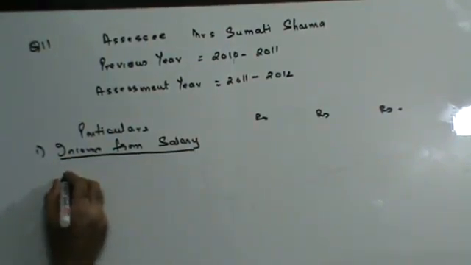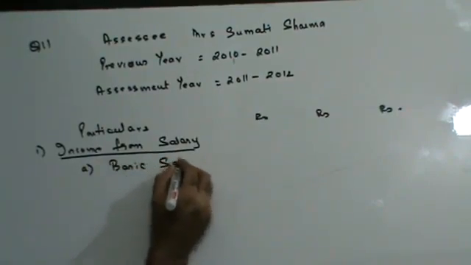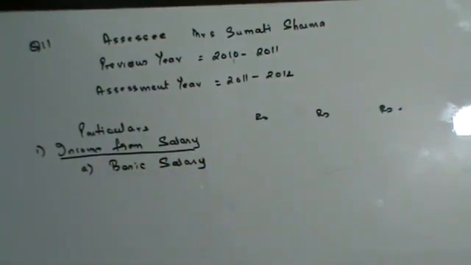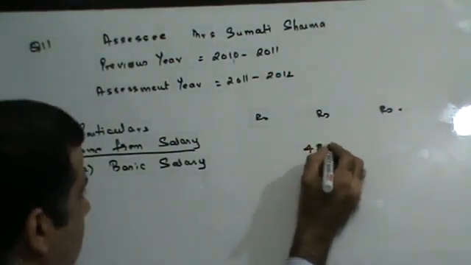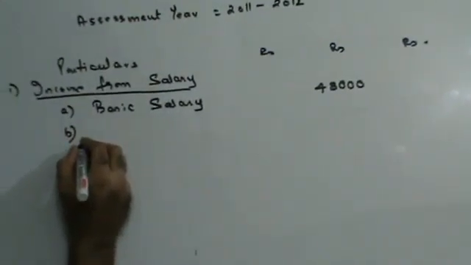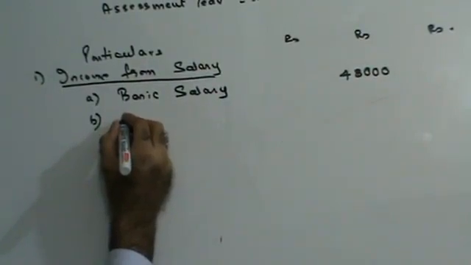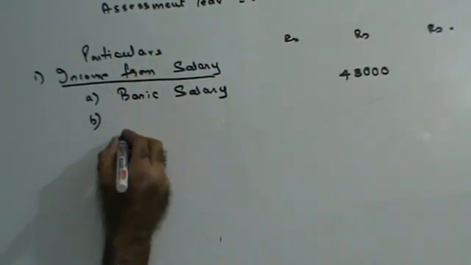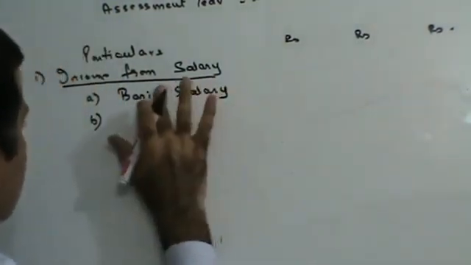Let's see this. Salary from KS College. So your basic salary is 4,000 rupees per month, so 48,000. Professional tax deducted from salary. Now since it is deducted, that means this is your net salary, not basic salary.